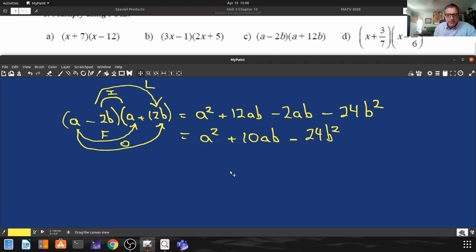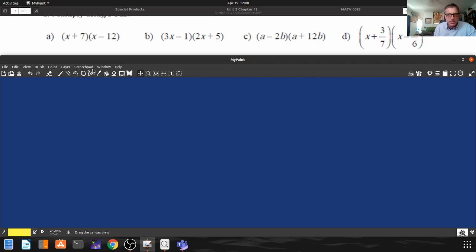And finally, the fraction. Yeah, we'll do the fraction because it's really not so bad, because we're multiplying. Now, the only simplification we'll have to do is when we add the middle terms, but let's just see how it turns out. Again, using FOIL.